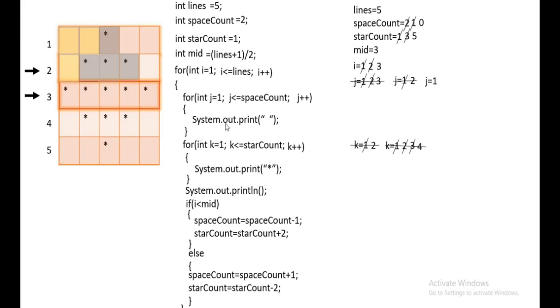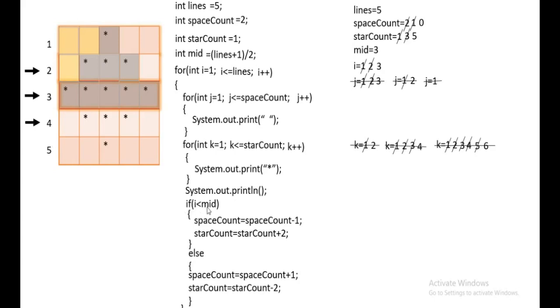End this for loop and come to the next for loop, k equals 1. 1 is less than or equal to 5, the condition is true, so print a star, then go back to k plus plus, k becomes 2, 2 is less than or equal to 5, print a star. Similarly, the remaining stars are also printed until k becomes 6. Then end this for loop and print a new line.